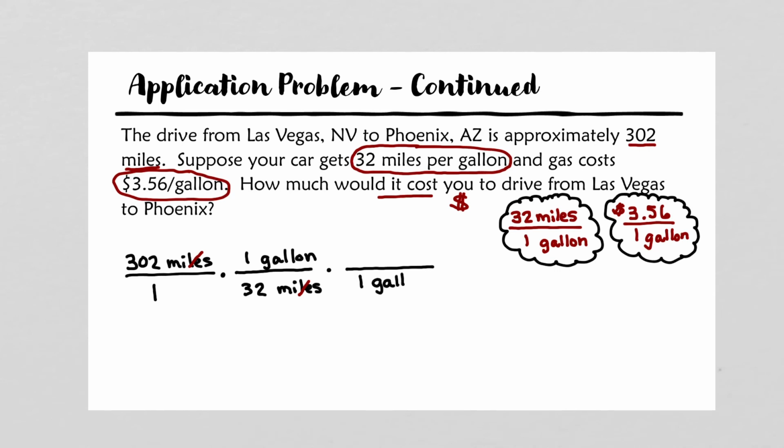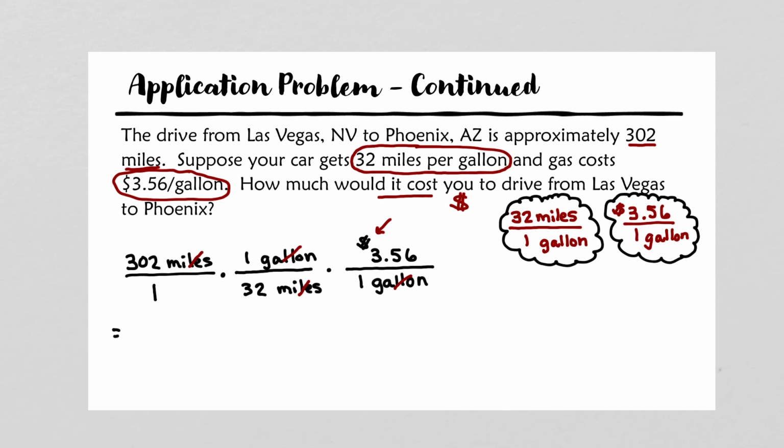That is, we want to get rid of gallons because our final answer should be a cost. So that means I want to write my unit rate as $3.56 over 1 gallon so that the gallon units cancel as well. The only units left over now are dollars, and that's what we were looking for, the total cost. Let's multiply these fractions together.